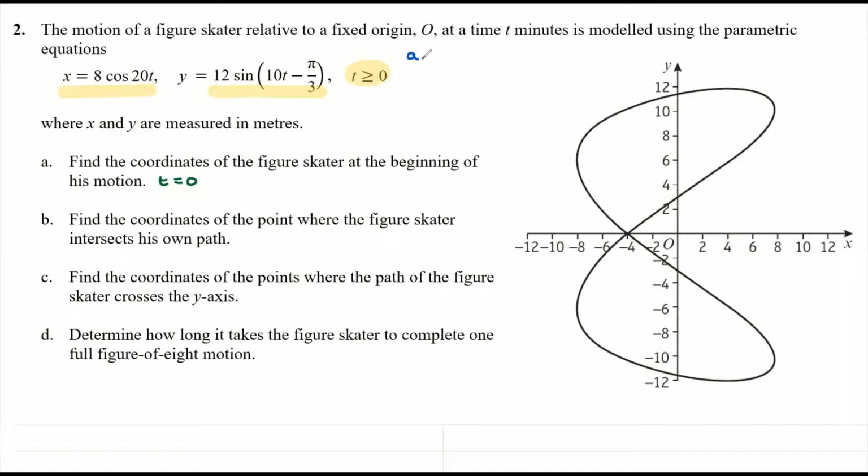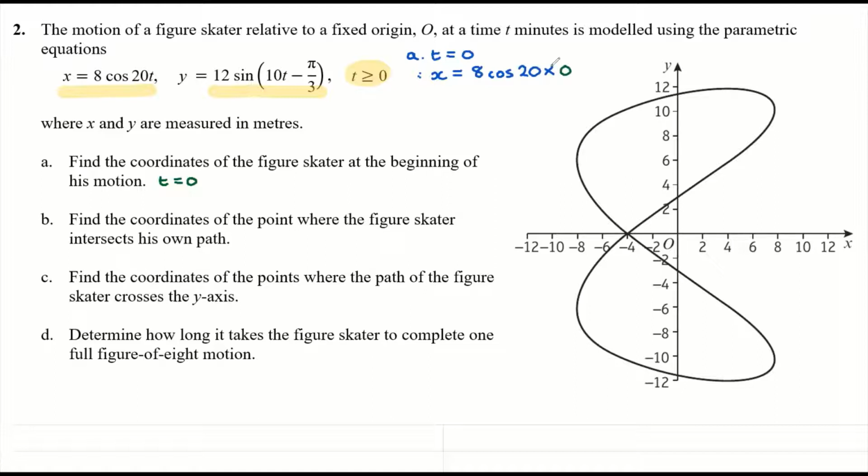Okay, so for part A, at the beginning of motion, t is equal to 0. That's the value of our parameter. And to get the coordinates, we need to sub that into x and y. So therefore, x is going to equal 8 cos of 20t. So in other words, 8 cos of 20 multiplied by the 0 that I just substituted in.